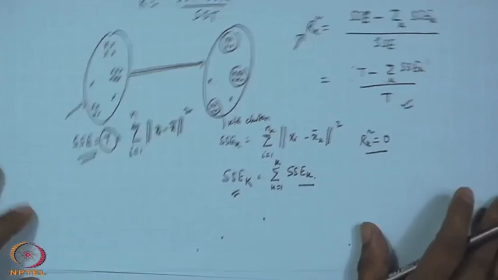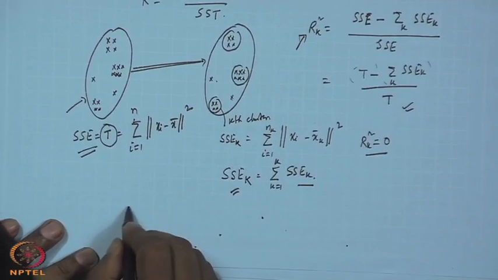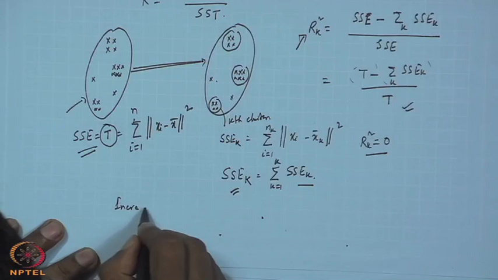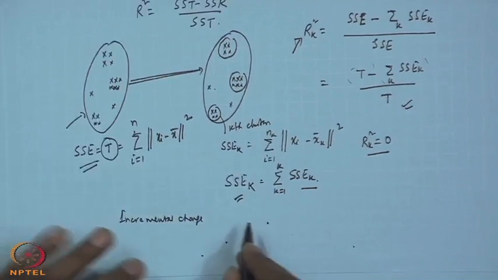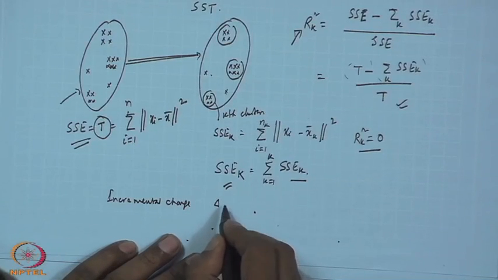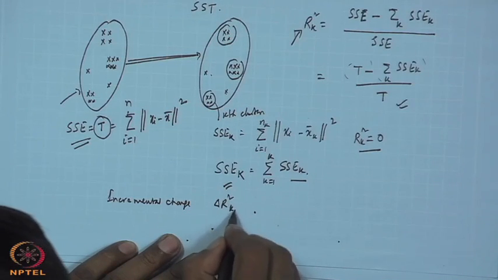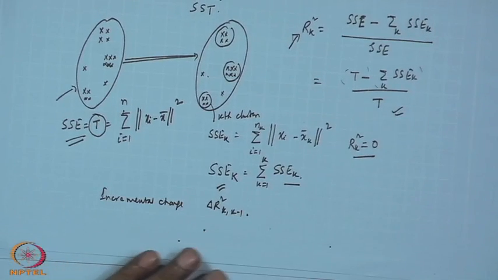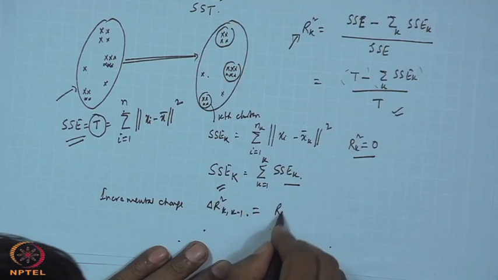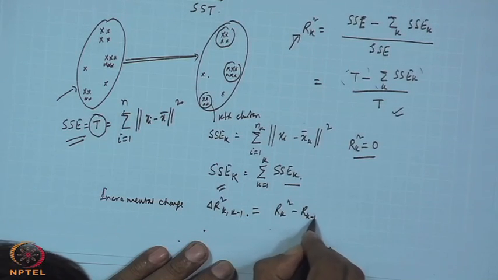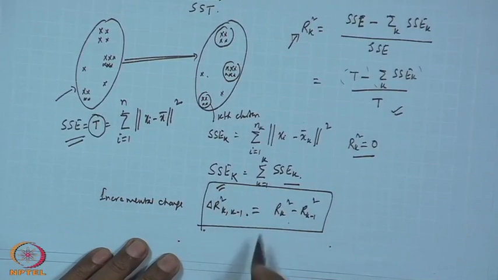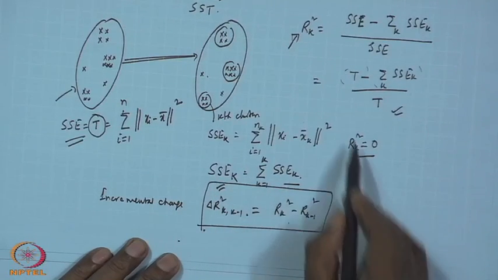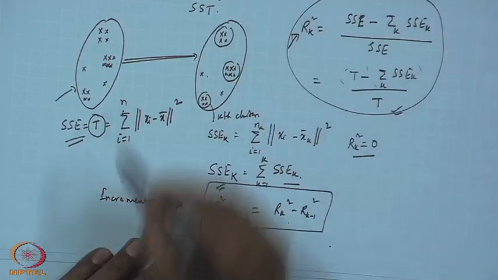So ultimately, what you want here is to find out the incremental change. If I go from K to K minus 1 clusters, then this change is R K square minus R K minus 1 square, computed using this formulation.